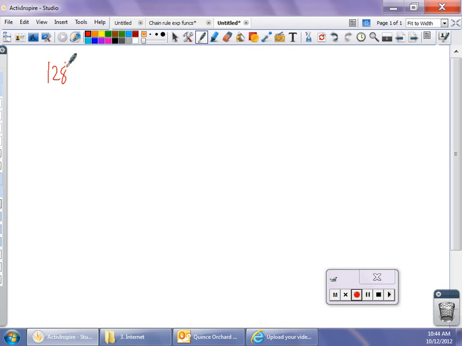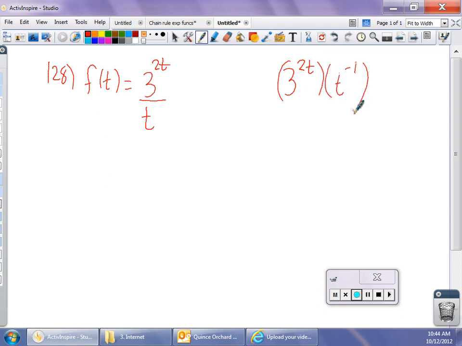So number 128 is f of t equal to 3 to the 2t over t. Now in this case, it's your choice whether you want to use the product rule. You could make it 3 to the 2t multiplied by t to the negative 1, or you can use the quotient rule. And this time I think I'm going to use the quotient rule.